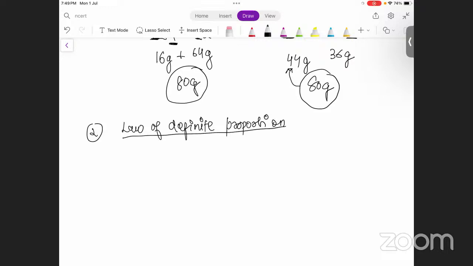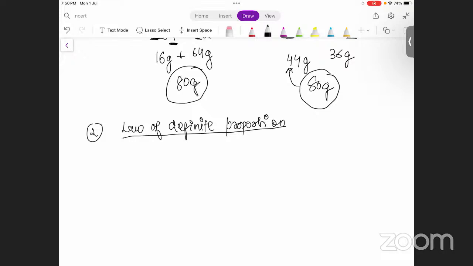This law says that elements combine to form molecules in a fixed ratio of their masses, and the ratios remain constant irrespective of their source. So this is the standard definition.